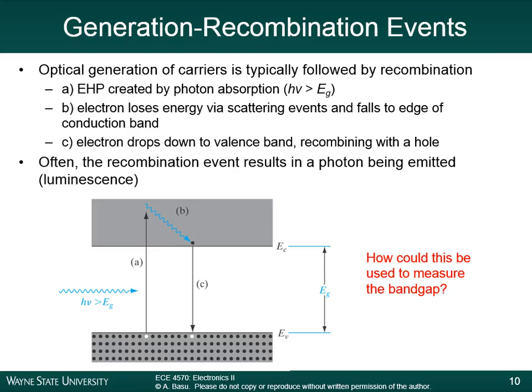All right, so that'll equate to a certain color of light being given off by the material. So when LEDs are giving off light, these recombination events are happening. The color of the light being given off is dependent on what the band gap of the material is. So they've actually designed materials with certain band gaps to get LEDs to emit certain colors.